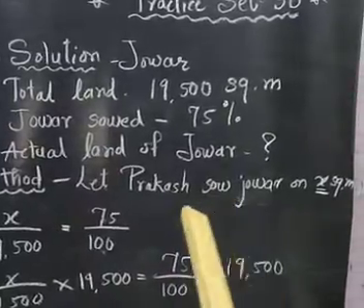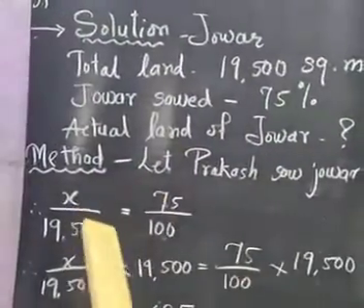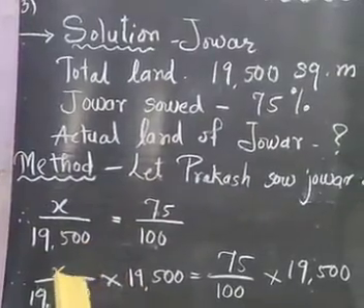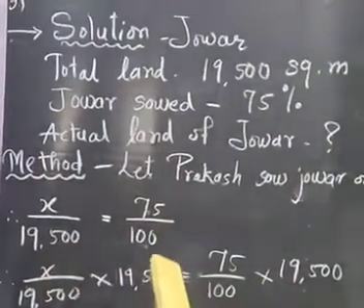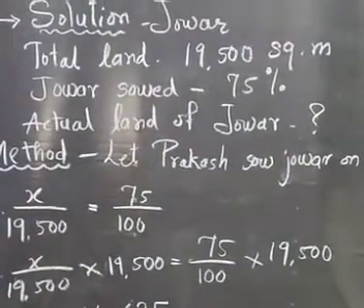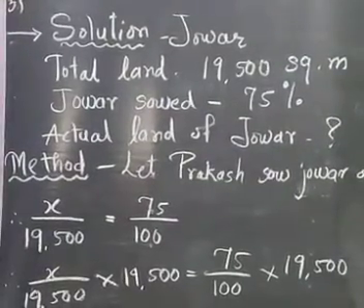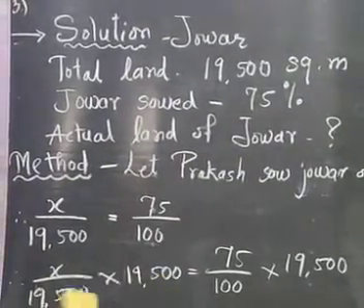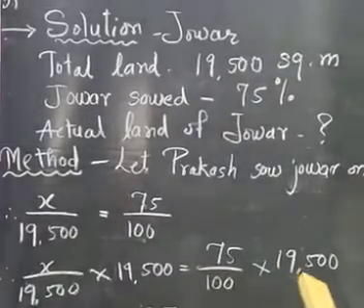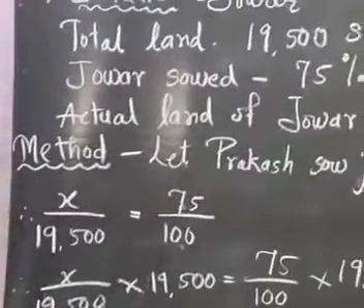Let Prakash sow jawar on x square meters. X is taken here. Therefore, x upon 19,500 is equal to 75%, means 75 upon 100. Here we are multiplying both sides by 19,500. Therefore, x is equal to, after multiplying this number here, we get 14,625.